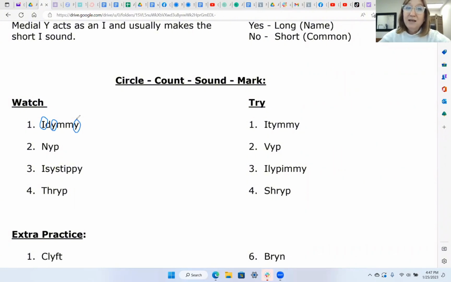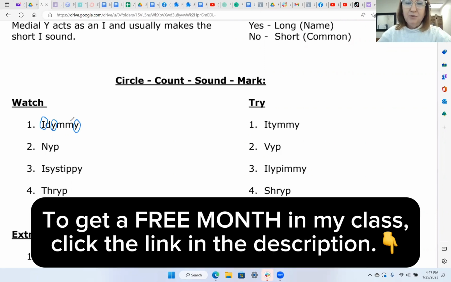So if you're new, here's a reading hack that we learned last time. Y at the end of a multi-syllable word usually makes the long E sound. Here's our Y in the middle. It's going to sound like an I because those are consonants.